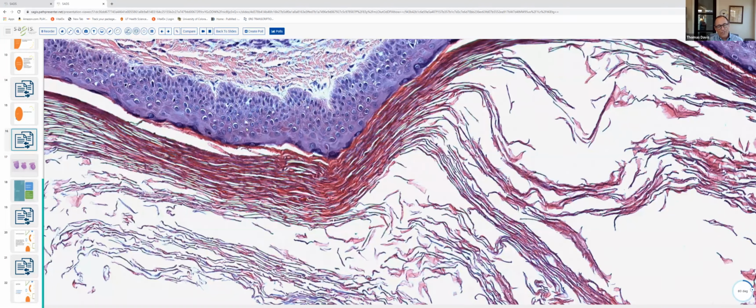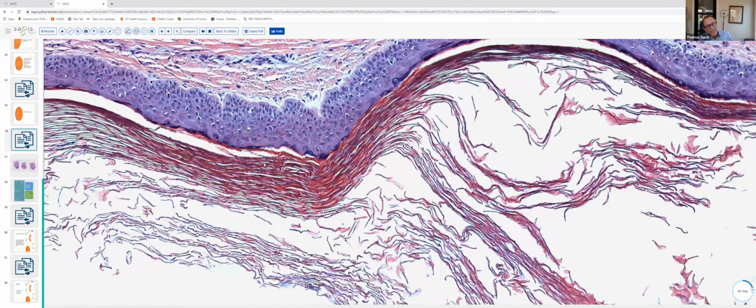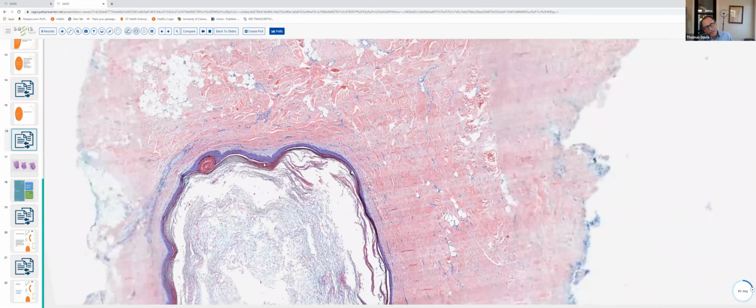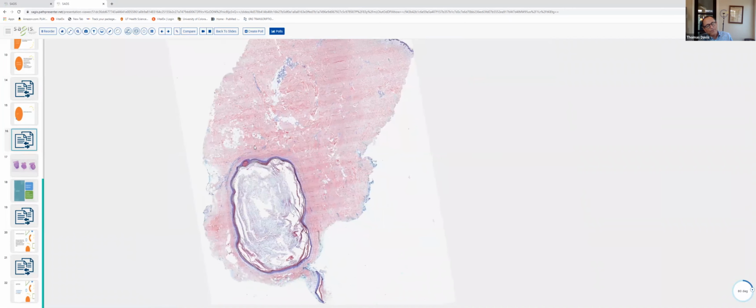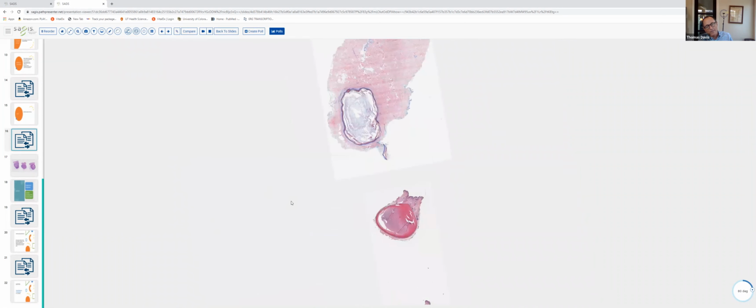Remember, the surface epidermis and the follicular infundibulum, the portion of the follicle from the surface epidermis down to the entry of the sebaceous gland into the follicle, is lined by stratified squamous epithelium, which keratinizes with interposition of a granular layer. Okay, and this is by far and away the most commonly encountered type of cyst that we see in the skin.